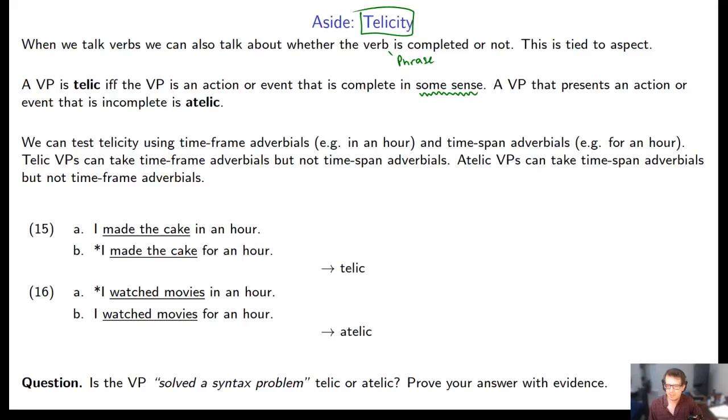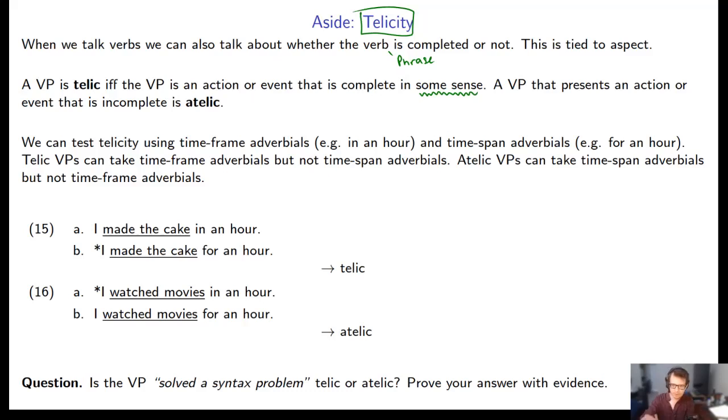When we think about events that are incomplete in some way, like the event of watching movies, that's an action that you can do, and when you finish watching movies, you can watch movies again. That's not an action that you can only do once and then you're done with it. The movies can be rewound and watched again, which is different than a cake, which, sure, you can make another cake, but you can't make that same cake.